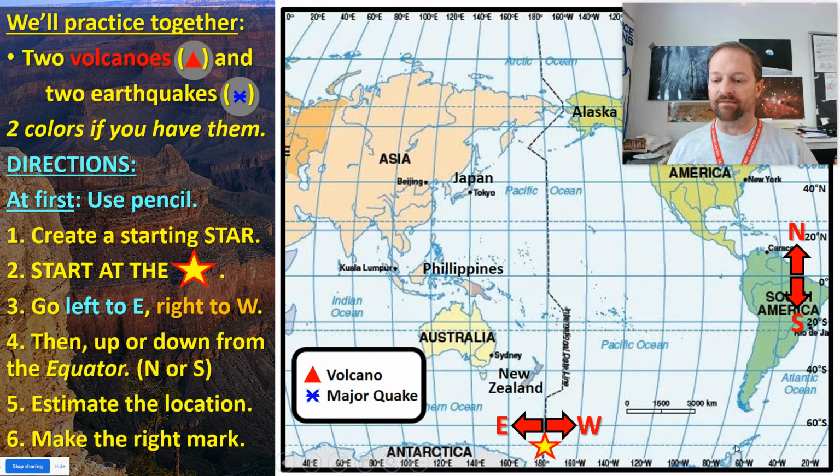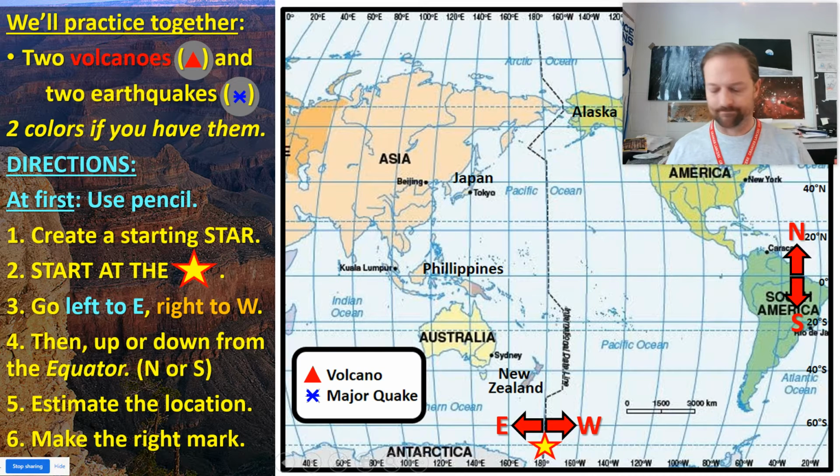Okay. And then I'm going to go up to where it reaches the 35 south. So I'm going to go up. There is 60. Here's where 50 would be. Here's 40. I'm going to go a little bit higher to where I think 35 would be, right about there. And I'm going to make my second volcano right there.